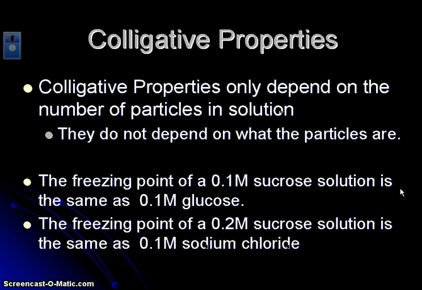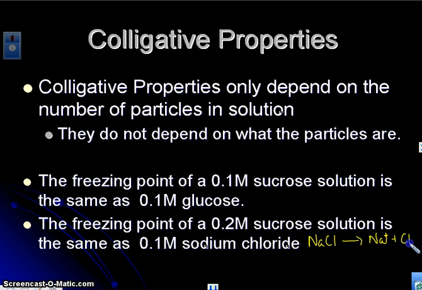If you have a sucrose solution that is 0.2 molar, it would be the same as 0.1 molar sodium chloride. Now think about why that might occur. If you have sodium chloride, it is an ionic compound. And remember that when we put it into water, it dissociates or breaks apart into sodium and chloride ions. Now you have twice as many particles as you do the sucrose molecules. Remember that a molecule is an individual unit.